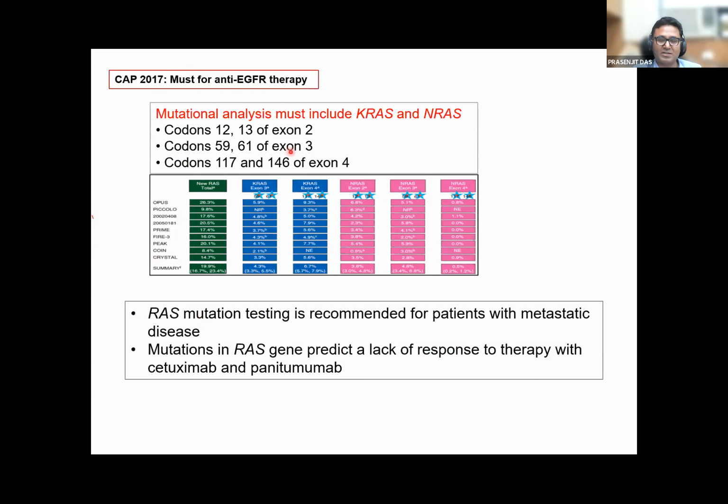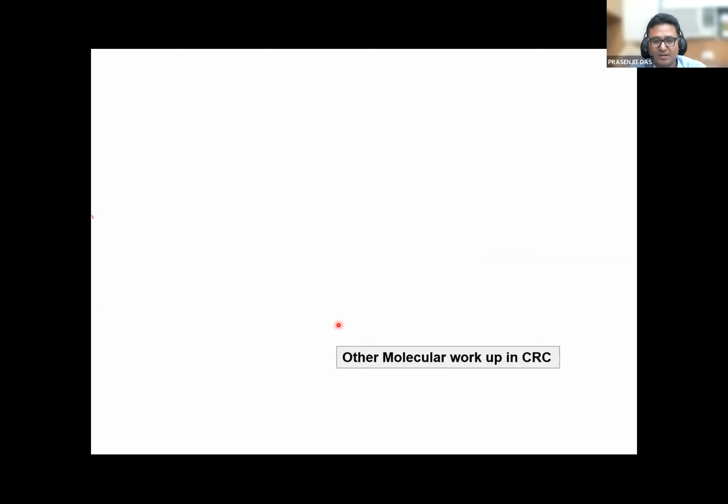These are the recommendations of the CAP and the American molecular associations. I have already indicated these codons and their exons, and you must remember that looking at these gene mutations is very important before we institute anti-EGFR therapy.